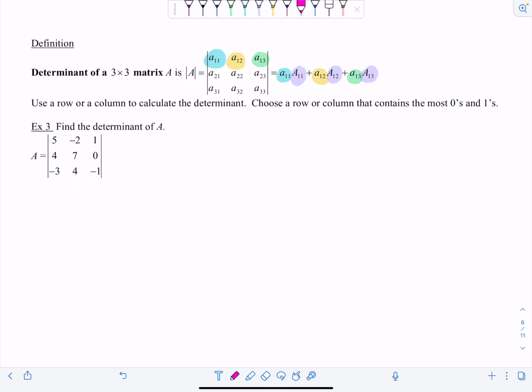And I just want you to notice something, because remember the cofactor involves that -1 raised to the i plus j.